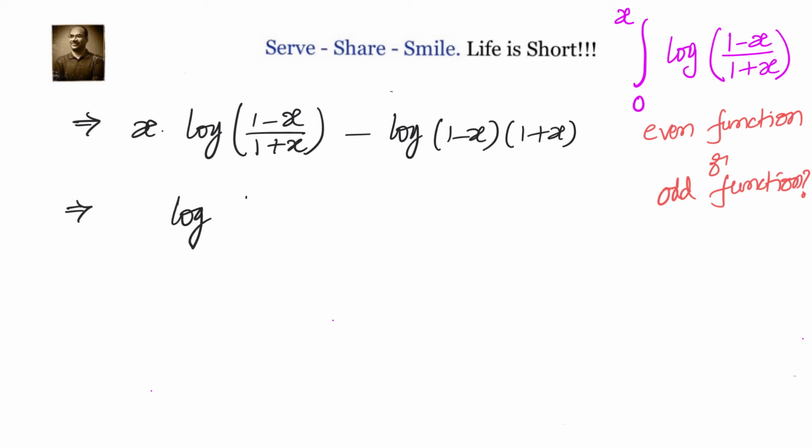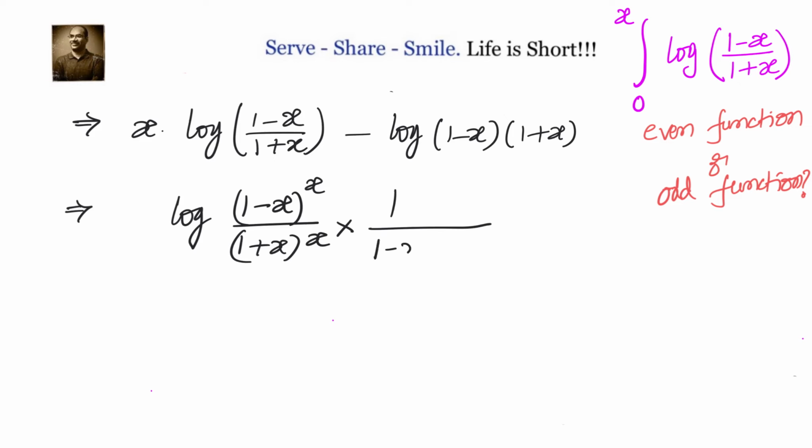So we'll write log of (1 minus x) whole to the power of x divided by (1 plus x) whole to the power of x, into 1 by (1 minus x) into (1 plus x), because log a minus log b is log of a by b.